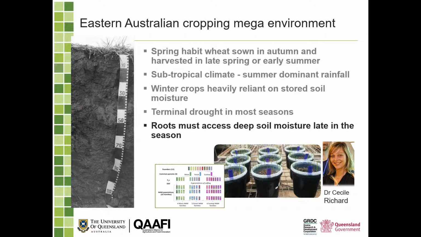And the reason we can do that is because we've got these deep cracking clay soils that hold a lot of water from the previous summer. So the crop roots are sucking the water out of that profile, and they have to keep sucking deeper and deeper to keep getting more water because of the terminal drought stress that occurs in most years. So that determines the type of root system that we need in our environment.